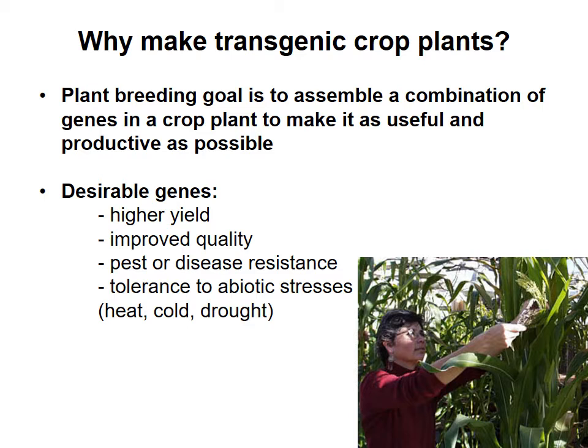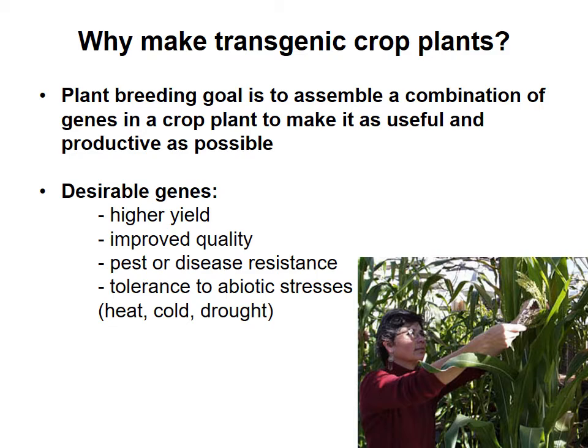Transgenic technology, on the other hand, enables plant breeders to bring together in one plant useful genes from a wide range of living sources, not just within the crop species or from closely related plants. So this technology provides the means for identifying and isolating genes controlling specific characteristics in one kind of organism and for moving copies of those genes into another different organism, which will then also have those characteristics.